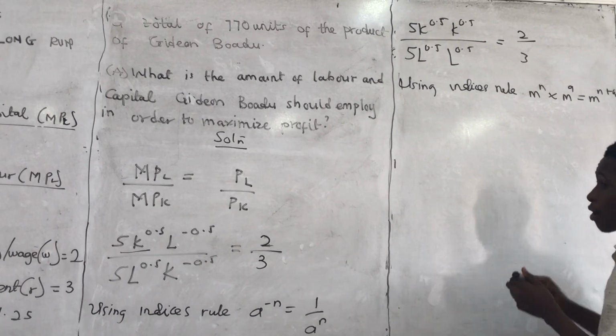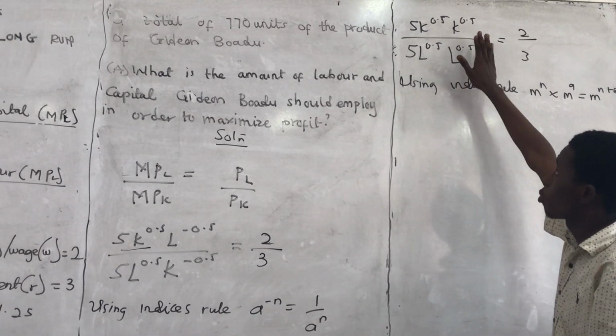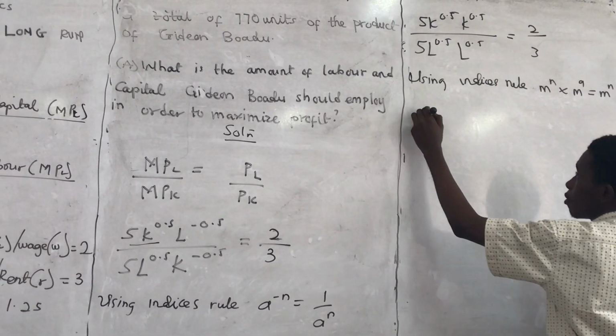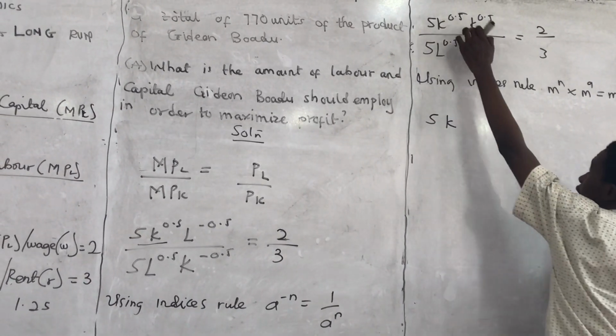So we have 5, K^0.5, K^0.5. They are the same base, so we pick one K.